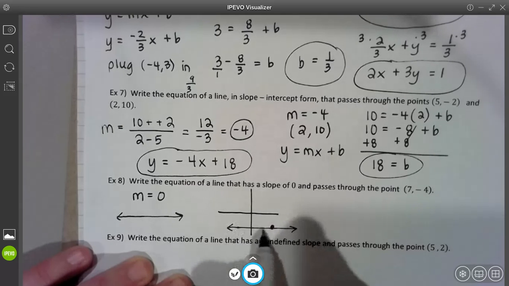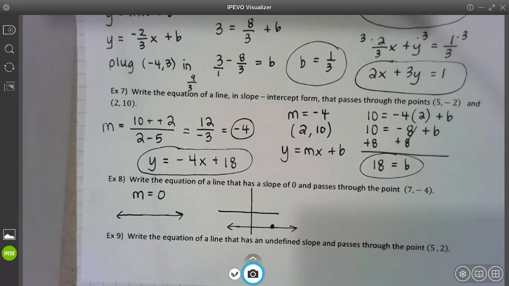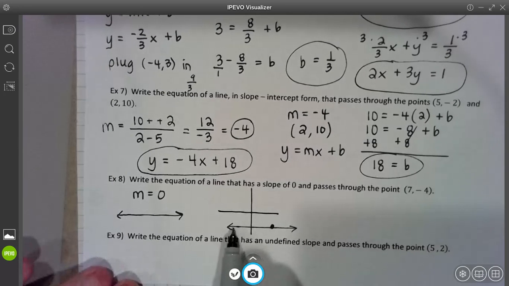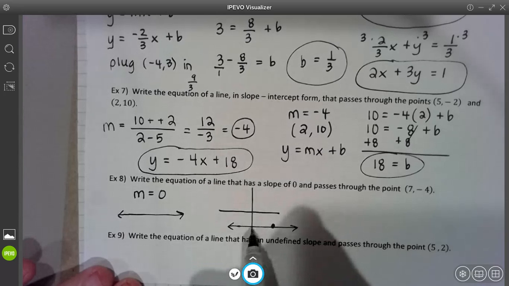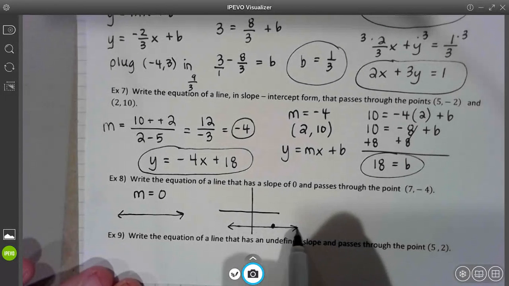Every single point on this line either has the same x coordinate or it has the same y coordinate. Does anybody know which one stays the same the entire time on this line, x or y? X. X is actually changing the entire time. It's y. If you think about it, you're moving right and left all the time. This is the point (7, -4).